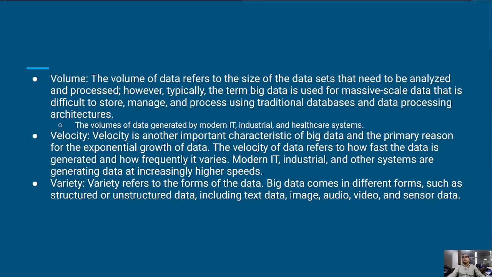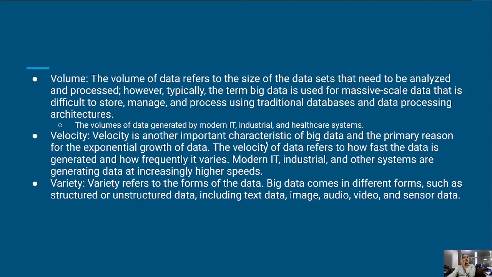Some of the major characteristics of big data are volume, velocity, and variety, where volume refers to the size of the data sets that need to be analyzed and processed, whereas velocity means the exponential growth of data, the velocity at which the data is generated and how frequently it varies.